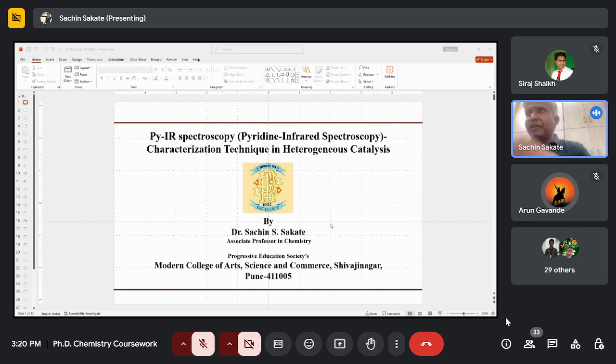to have a small discussion on a very unique characterization technique, which is really helpful in heterogeneous catalysis. Most of you might be working in the field of material science or material chemistry, and the majority of you have been doing the synthesis of various supports.